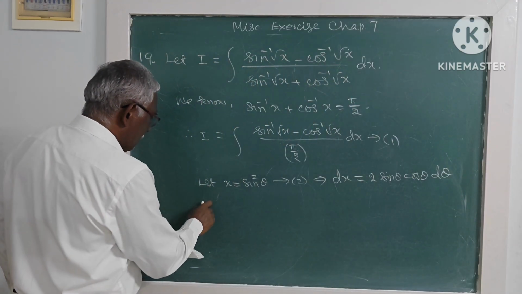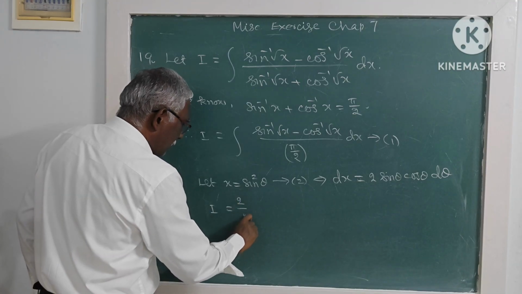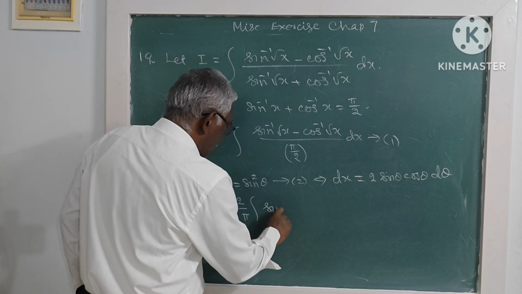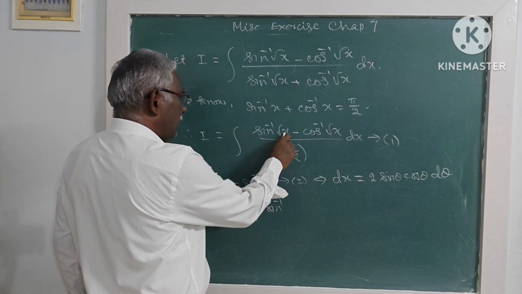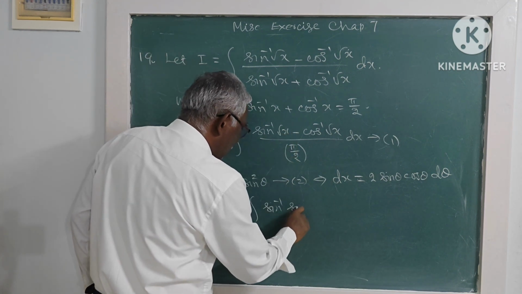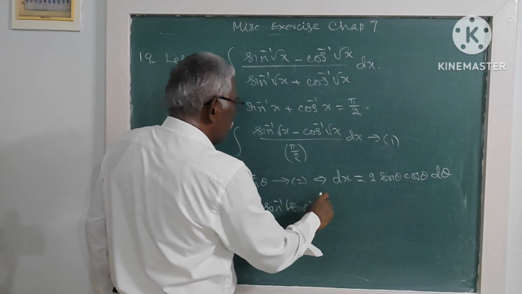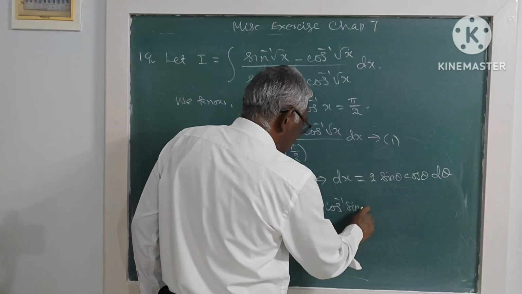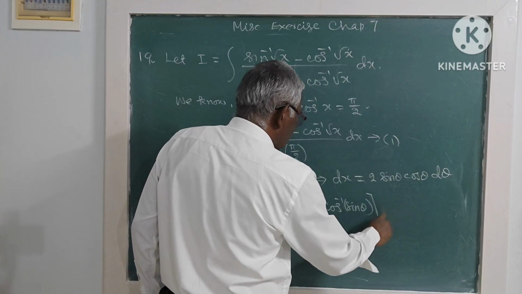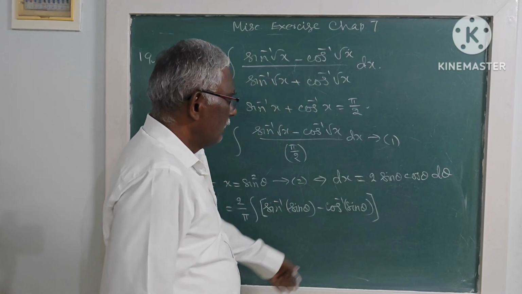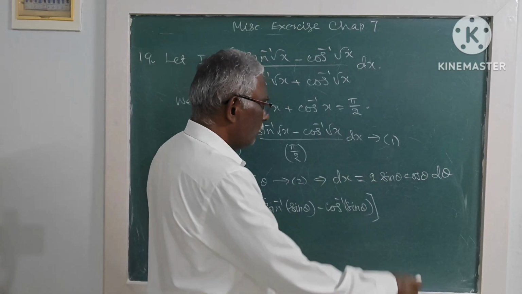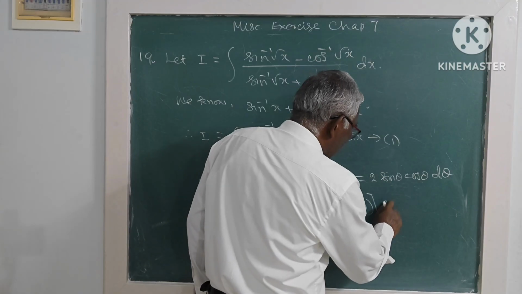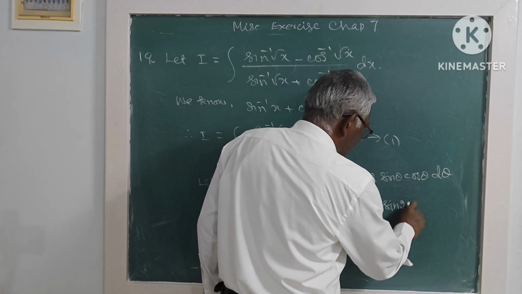Therefore, I becomes 2 by pi integral sin inverse of x, which is sin square theta, so it will become sin theta, minus cos inverse of sin theta, and dx is 2 sin theta cos theta, which becomes sin 2 theta d theta.